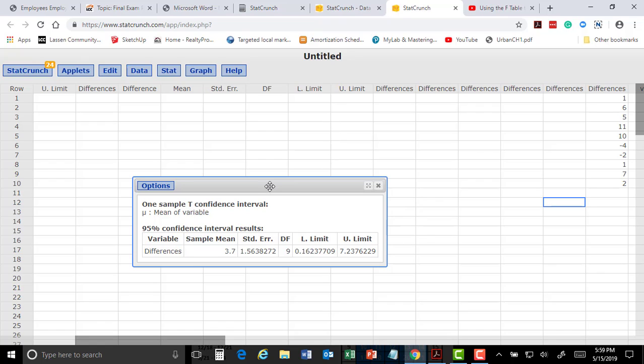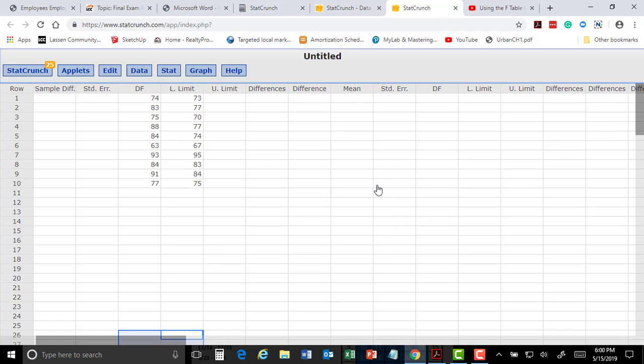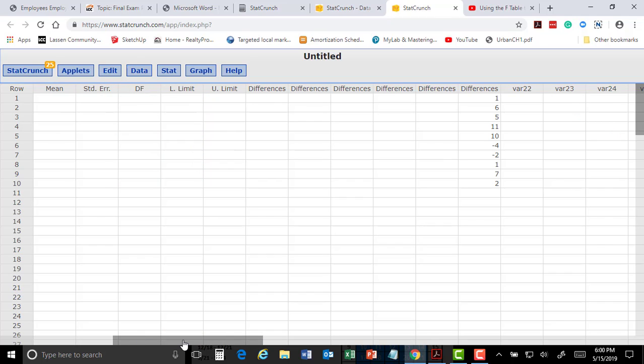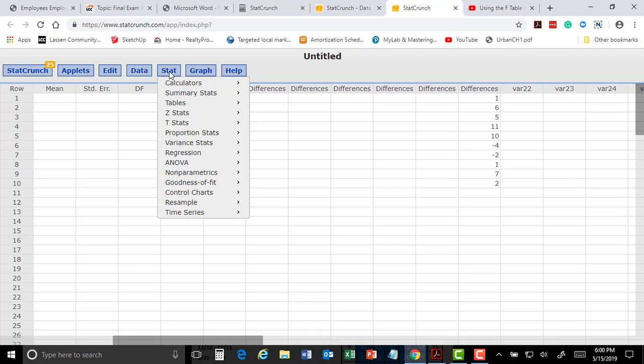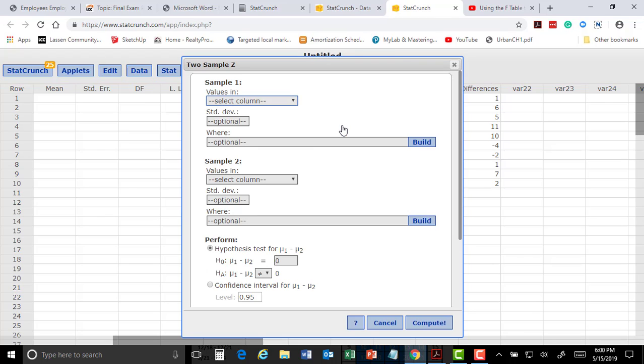And this is supposed to be, why is this? The answer is B? Well, I know those numbers are right, so the difference has got to be right too. There it is, and that was the differences. I don't know. Stats. Let's try this. Two sample with data. Wait, it's two samples.